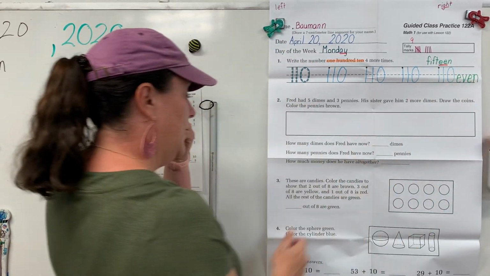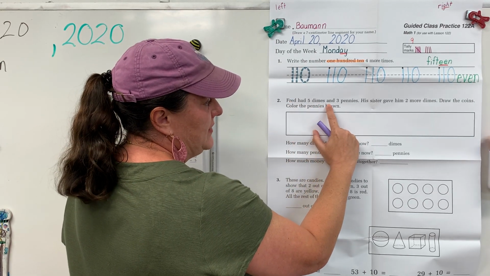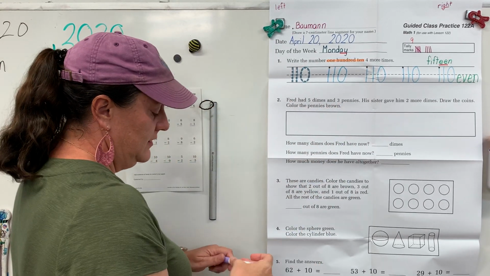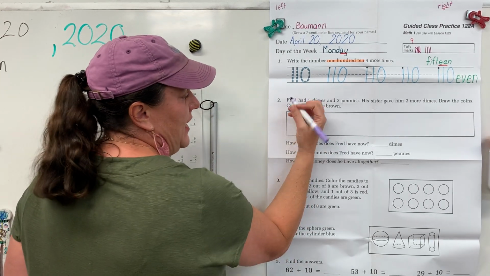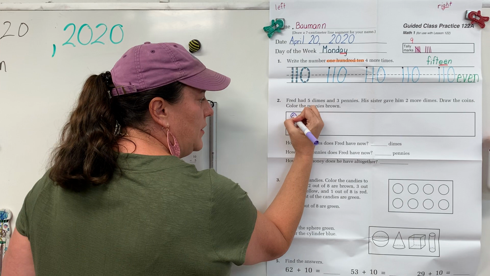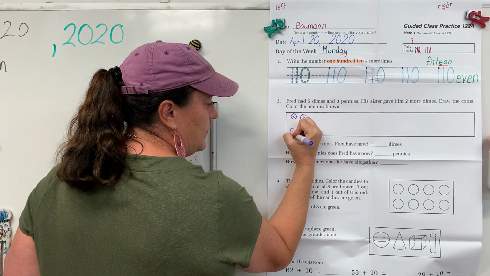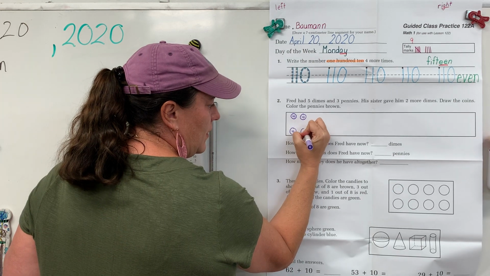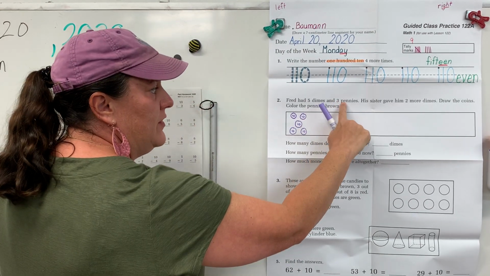All right, number 2. Fred has 5 dimes and 3 pennies. All right, so let's draw our 5 dimes. Remember, dimes are small, and we're going to put a 10 in them. All right, and we need 3 pennies.